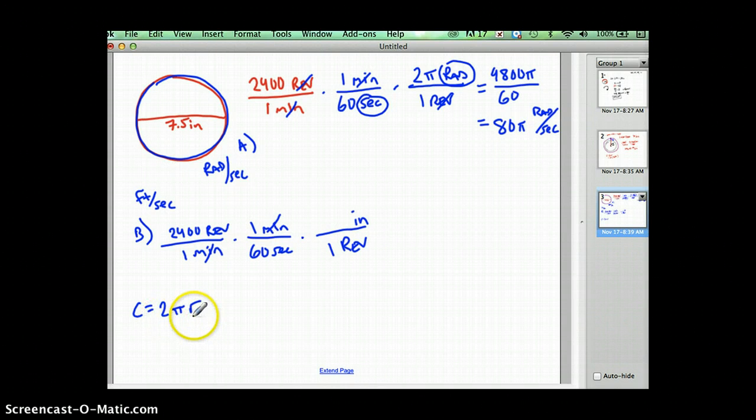Well, 2 times the radius is the diameter. So I could just do pi times the diameter. In this case, it would be pi times 7.5 inches in one revolution.